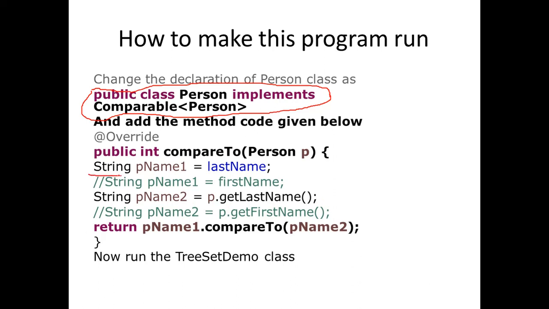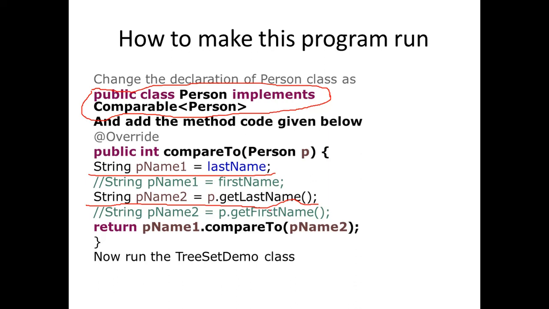See, by this I mean pname1 is the last name of the object reference using which you are going to call this compareTo method. Now String pname2 means it is the last name of the object reference which you have passed as the argument.